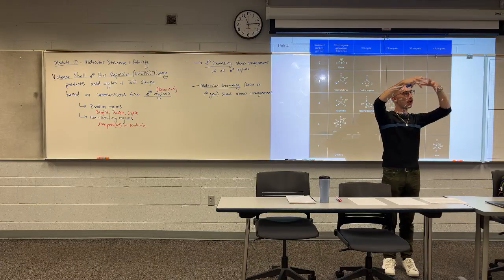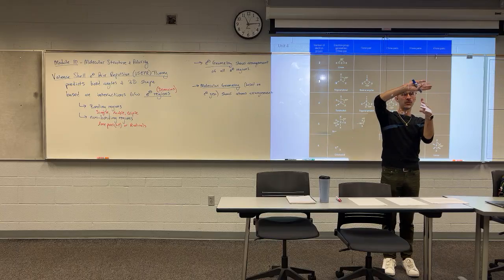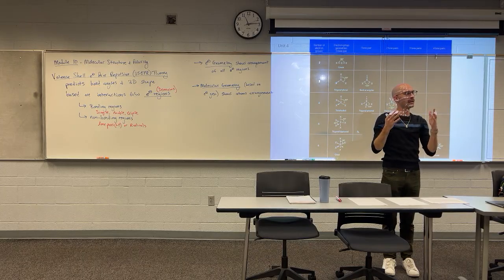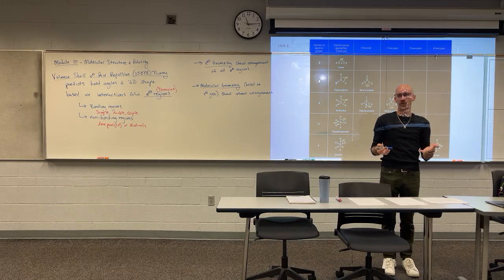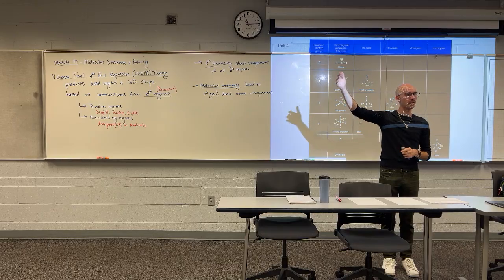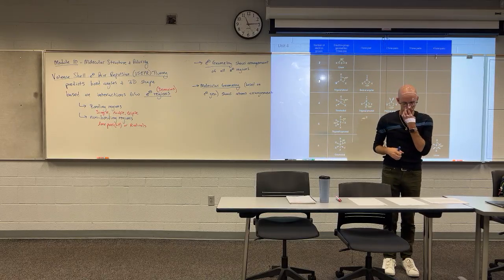So we'll take this overall arrangement of all regions and then ignore those lone pair and radical regions and just look at how bonding regions are arranged. You cannot determine molecular geometry without first determining electron geometry. Electron geometry has to come first, and then you look at a subset with the molecular geometry.